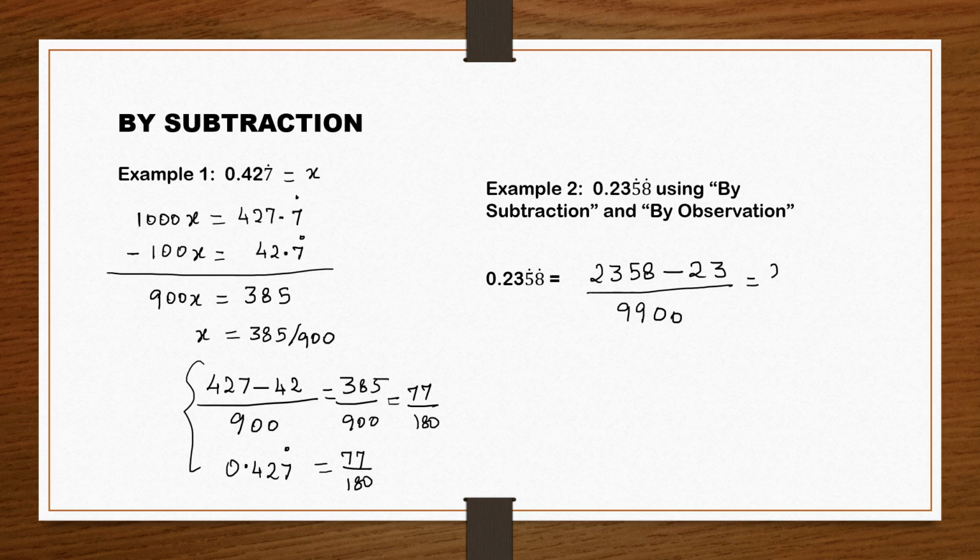The answer is 2335 over 9900. On simplification we get 467 over 1980. So 0.2358 recurring is equal to 467 over 1980.